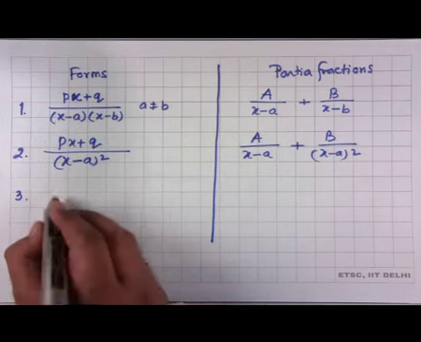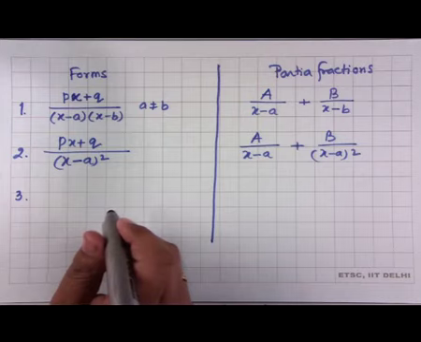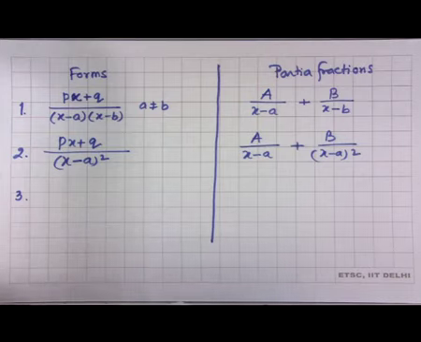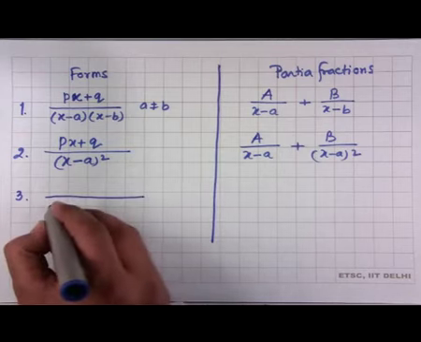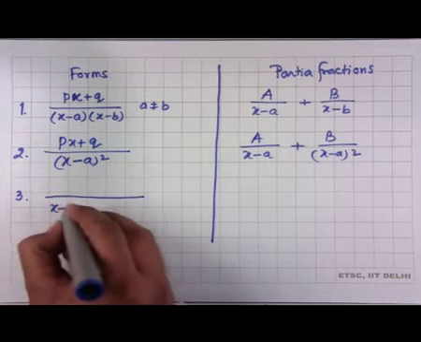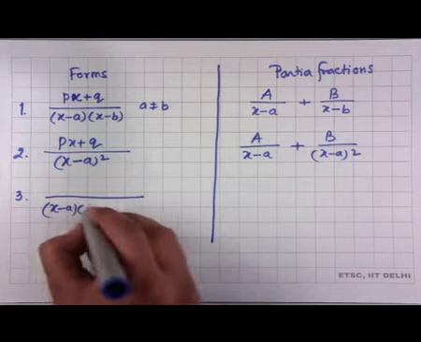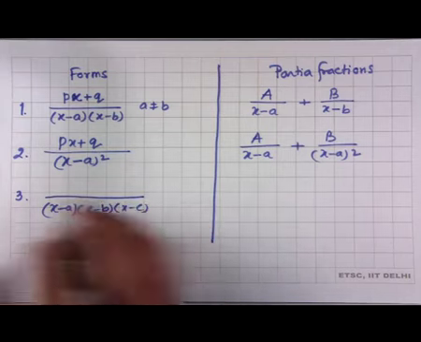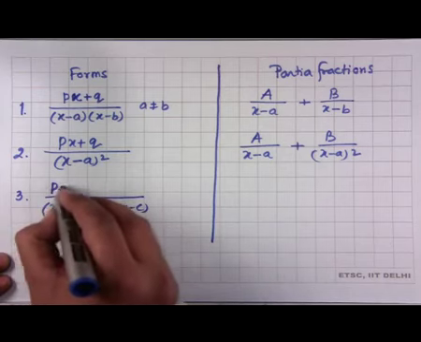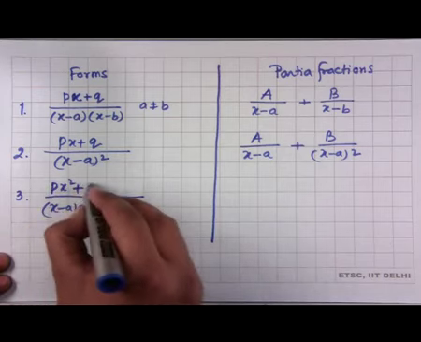If the denominator is a cubic function, suppose there are three distinct roots, and the numerator is a quadratic polynomial.